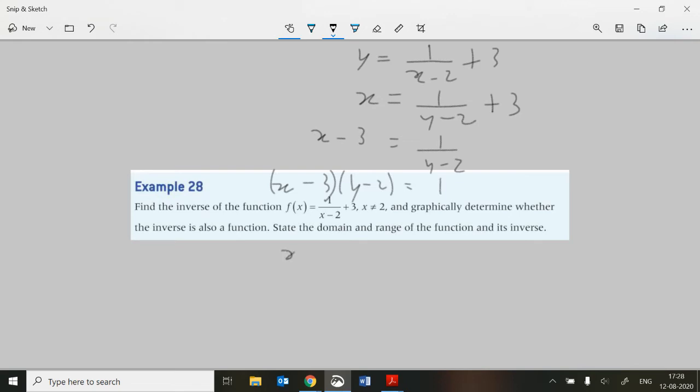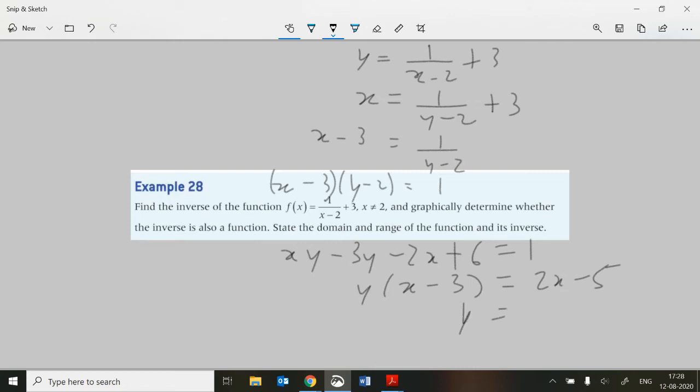Let's multiply that out, so we're getting xy minus 3y minus 2x, and we've got plus 6 there, and that's equal to 1. Let's take the 6 to the other side, that's minus 5. Let's take the 2x to the other side. So we've got plus 2x and minus 5. And let's factorize out the y, so we've got x minus 3.